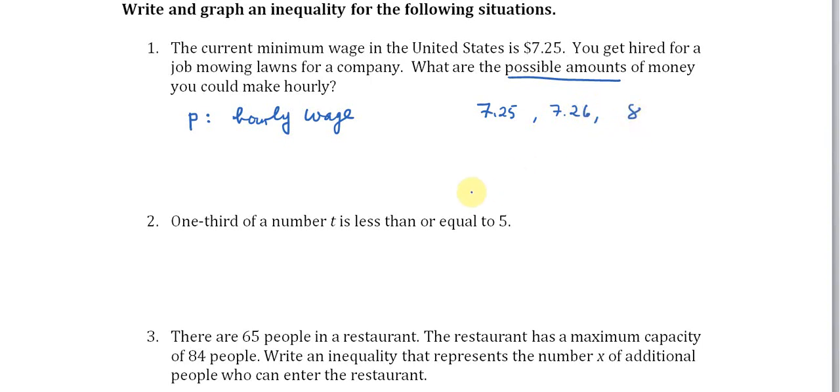You could make $8, and so on. So the way we can do that is with an inequality. The amount of money you make, the hourly wage, is greater than or equal to 7.25, assuming that the lawn mowing company here follows the law.